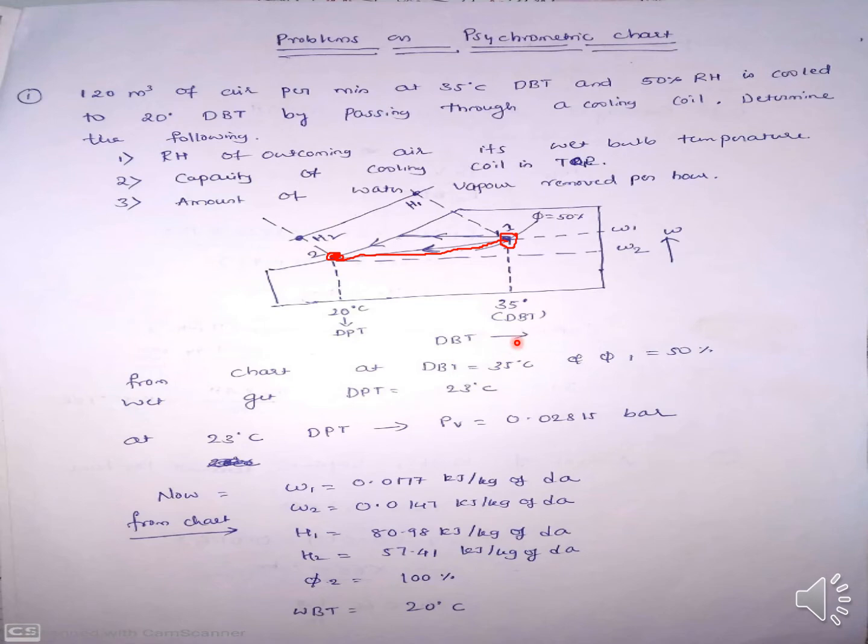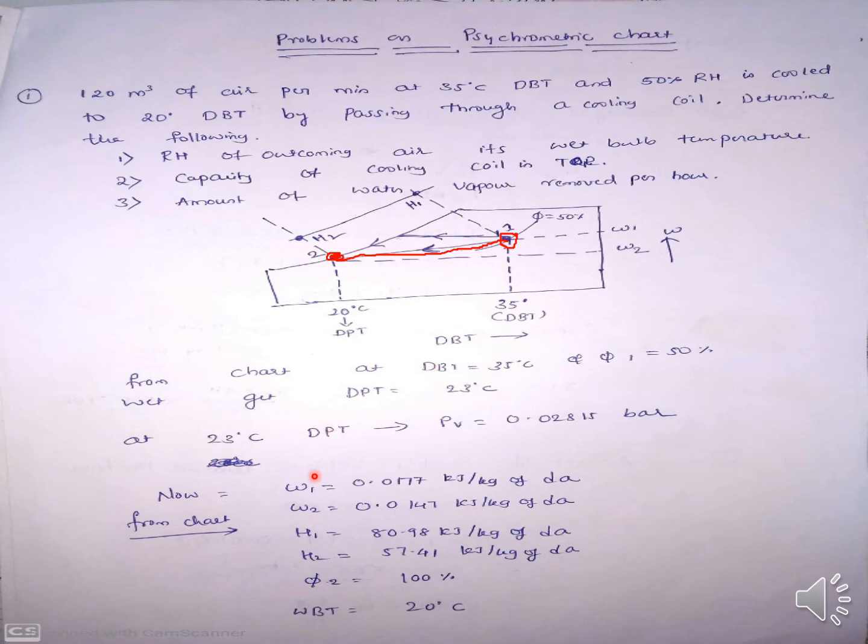DPT means dew point temperature. Draw a straight line touching the saturation curve, and somewhere here you will get the DPT. The straight line touching the saturation curve gives the dew point temperature as 23 degrees Celsius.